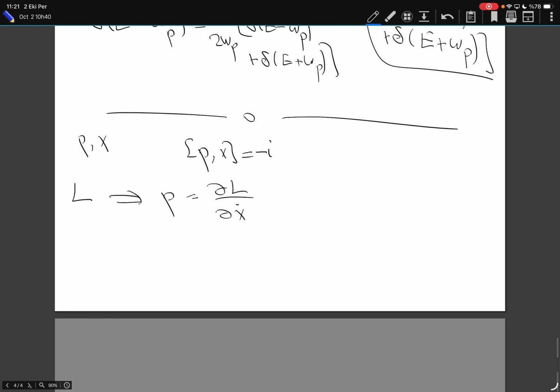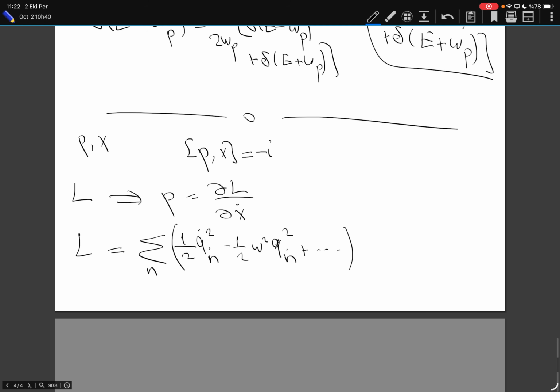Now, if you go back to our Lagrangian, again, let's remember the discrete case. L is equal to 1 over 2 qi dot squared minus 1 over 2 omega squared qi squared, and we are summing over, let me say, n.